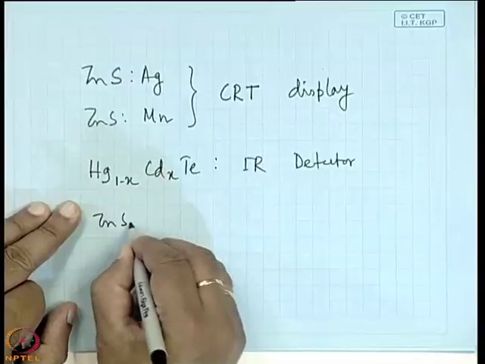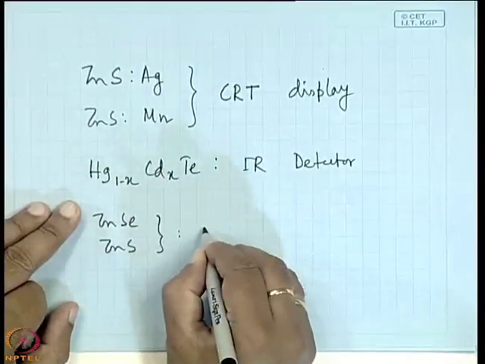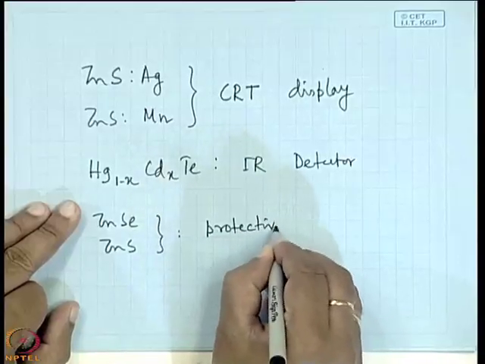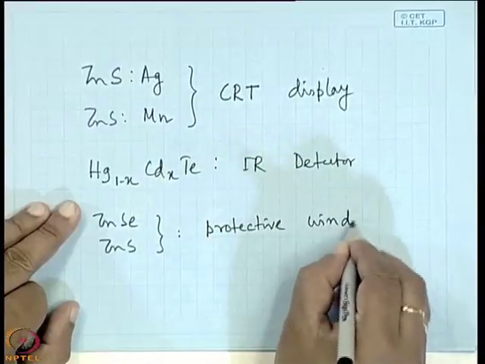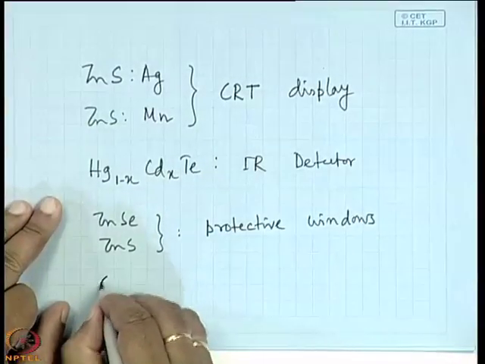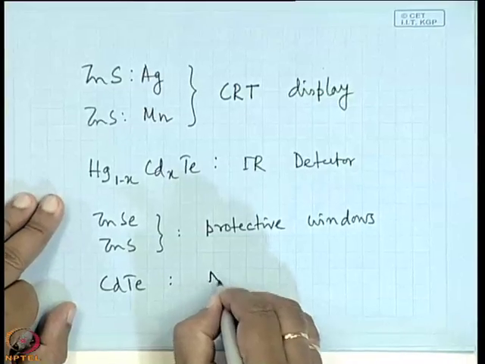Zinc selenide and zinc sulphide, protective windows. Then cadmium telluride, nuclear radiation detector.